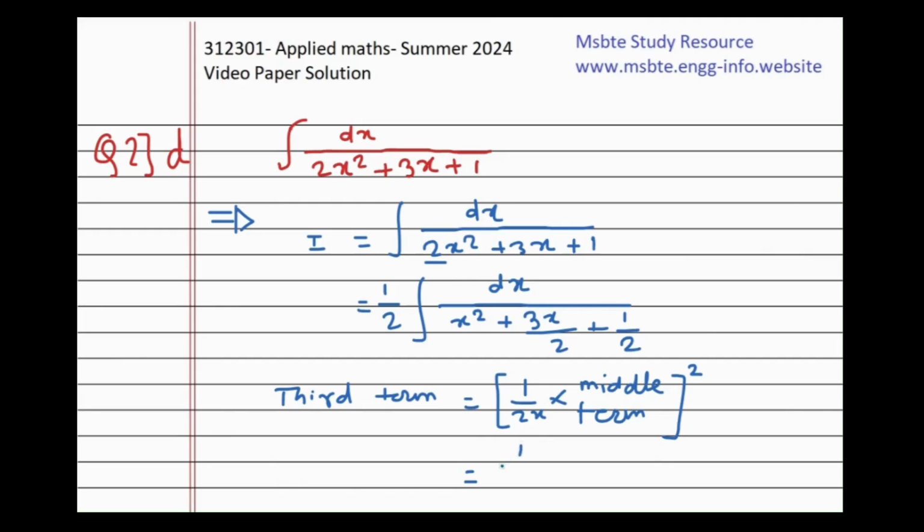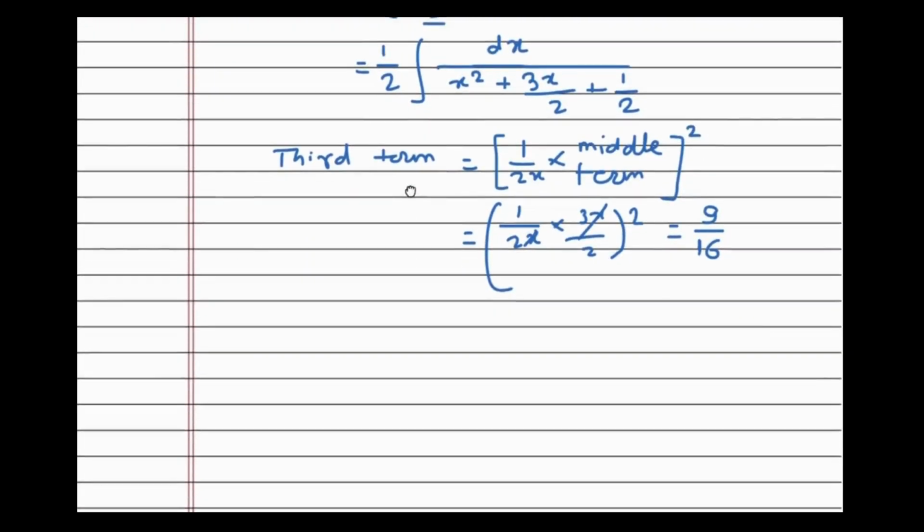Our middle term is 3x by 2, so we take x out: it is 3 by 4, and the square of 3 by 4 is 9 by 16. If we add this term to the first two terms, we will get the complete square. Let us see how it progresses.